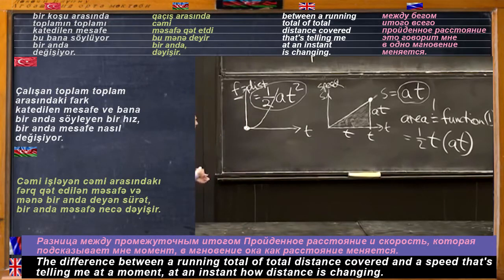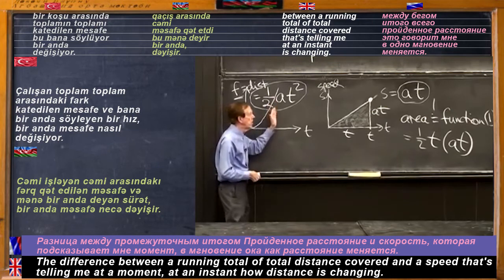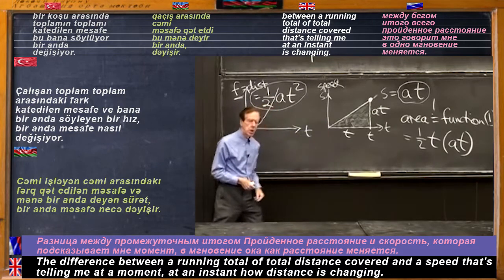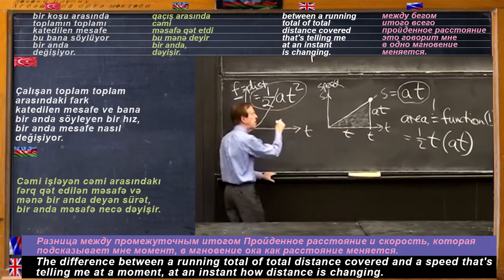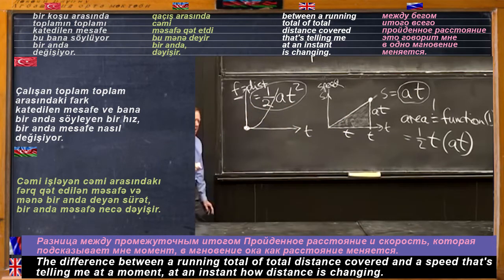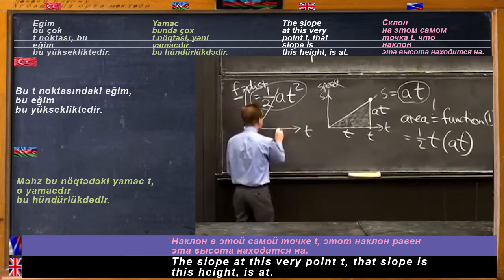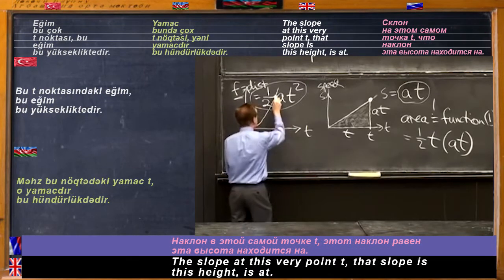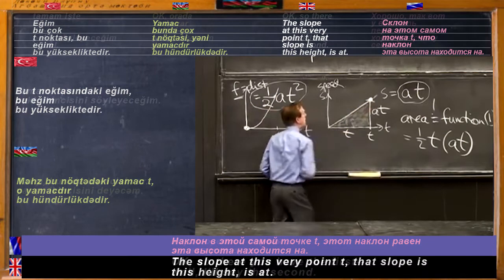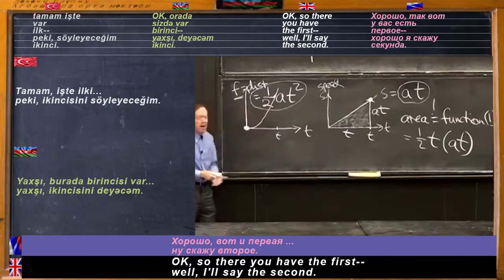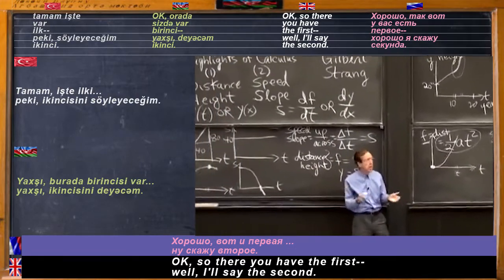The difference between a running total of total distance covered and a speed that's telling me at an instant how distance is changing. The slope at this very point T, that slope is this height, is AT.